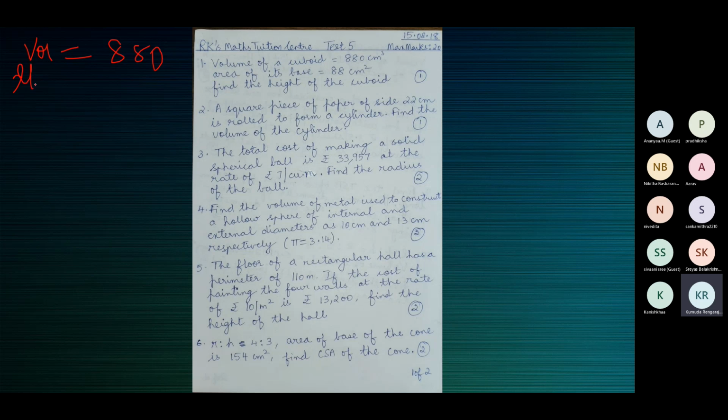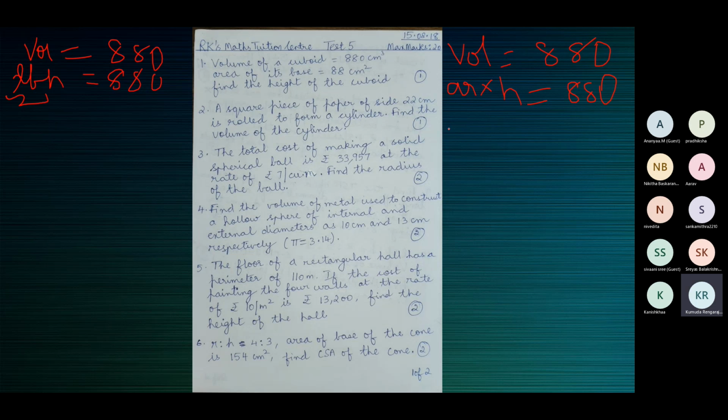Or you can write LBH is equal to 880. Now, area of the base, that is L into B, is given. You can also write like this. Volume is given to be 880. Volume is nothing but area into height. Area into height is equal to 880.